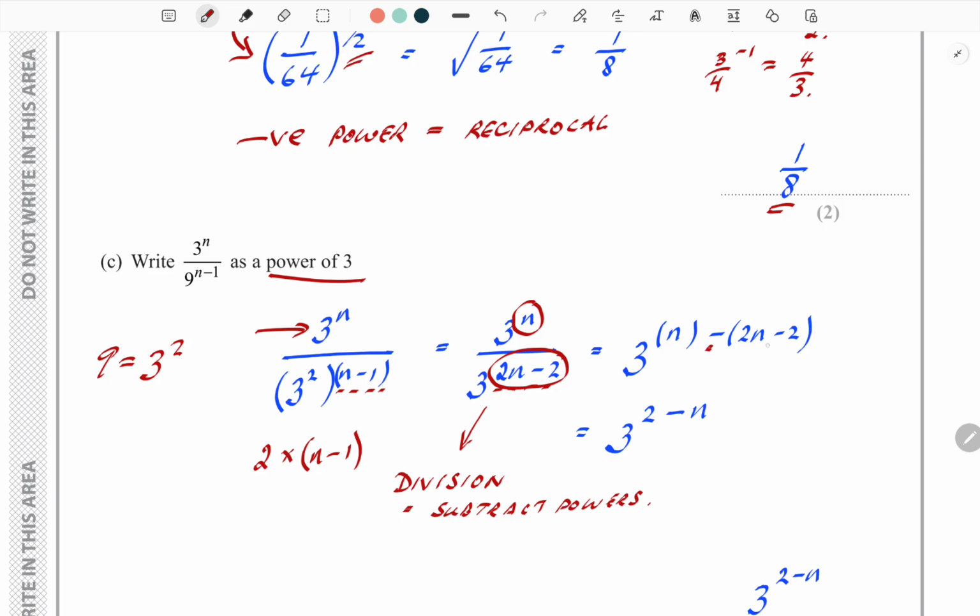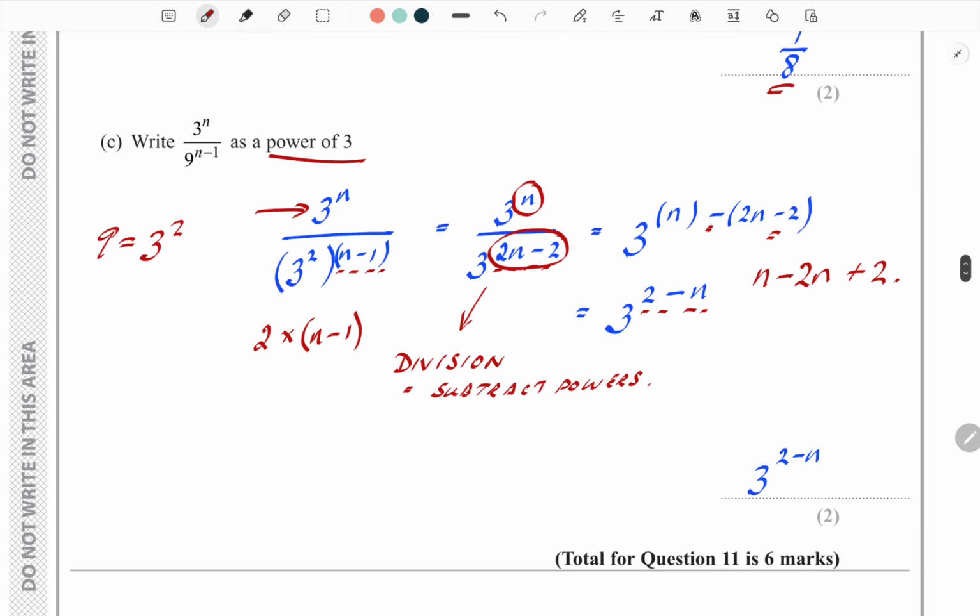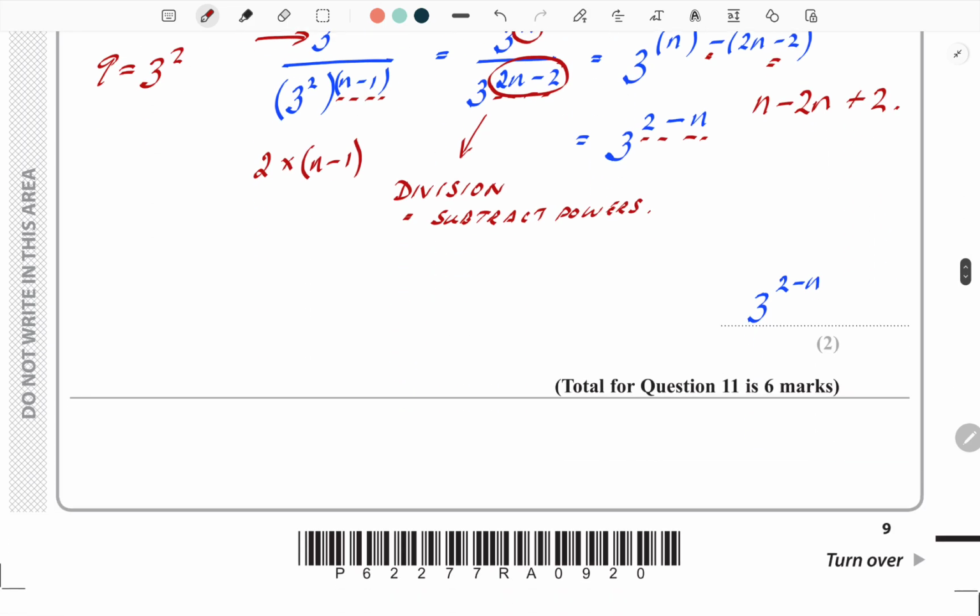The minus on the outside and the minus on the inside, you've got to make sure you apply that correctly. So effectively this is n minus 2n, but then it's n minus minus 2, so it's plus 2, and that's where we get the 2 minus n. So the final answer is the whole thing simplifies to 3 to the power 2 minus n.